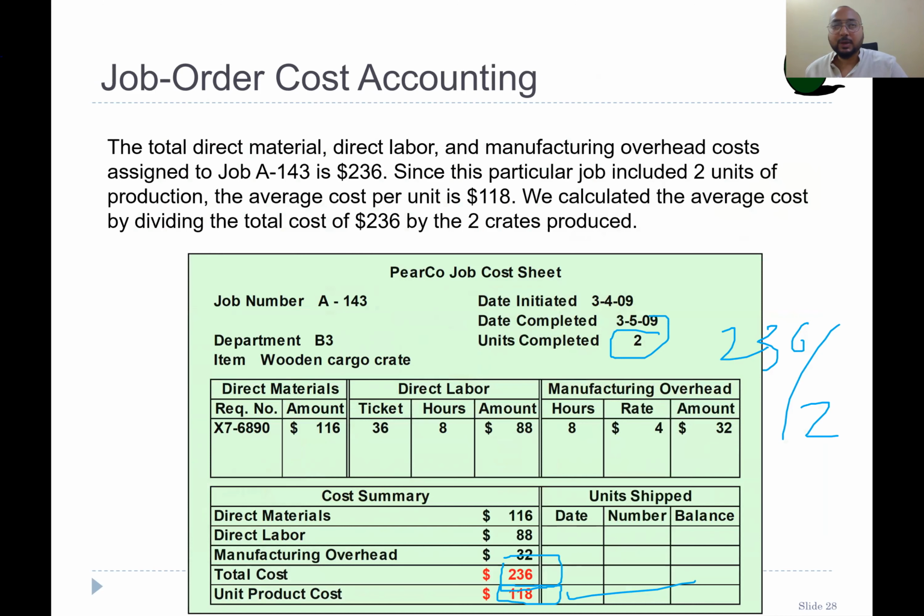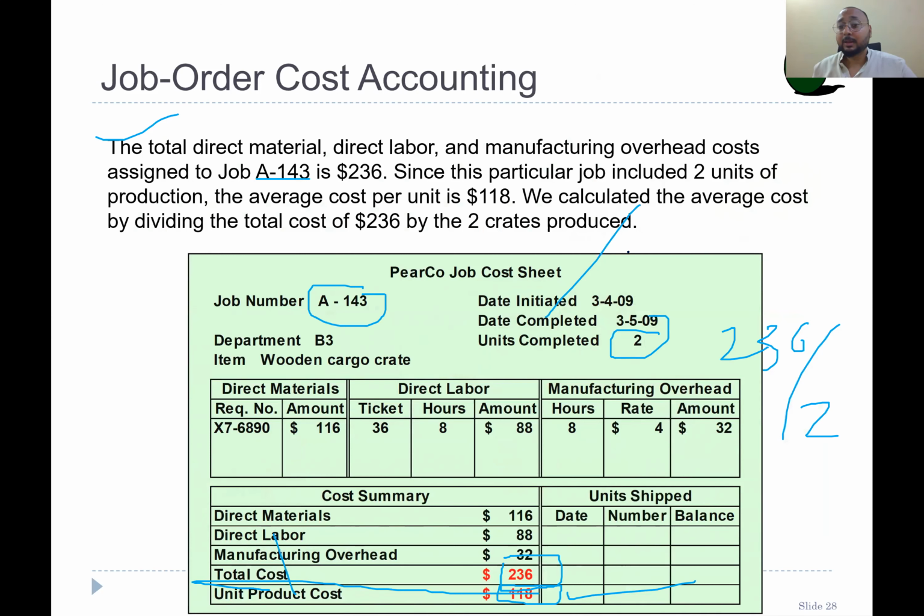Let's see that. The total direct material, direct labor and manufacturing overhead costs assigned to job 143 is 236. The completed units are 2. It means the average cost is going to be 118. This is how we do job order costing.